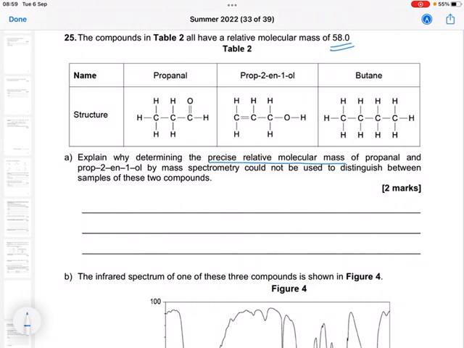Okay, so precise relative molecular mass is where we have it to 4 decimal places, which can only distinguish if we have an Mr of 58 but are made up from different numbers of each element.